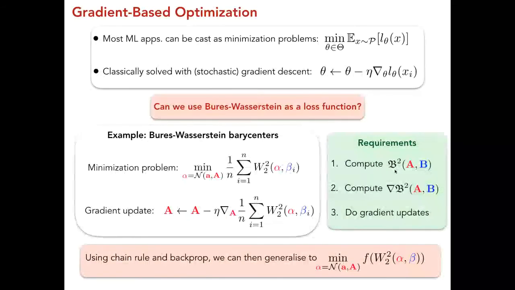I must be able to compute the gradients of the Bures distance, and I must be able to do gradient updates, which might seem a little trivial, but actually, since I'm working with covariance matrices, those matrices must remain PSD. Okay, and if I can do all of those three things, then I can move on to a more complicated problem using the chain rule and backpropagation to minimize functions of the Bures-Wasserstein distance.